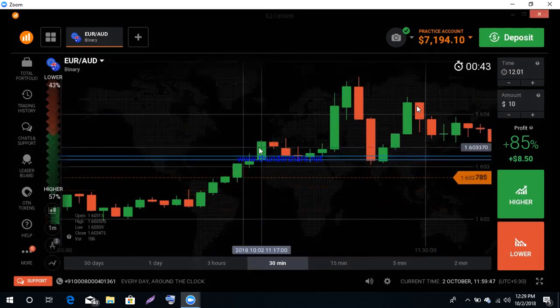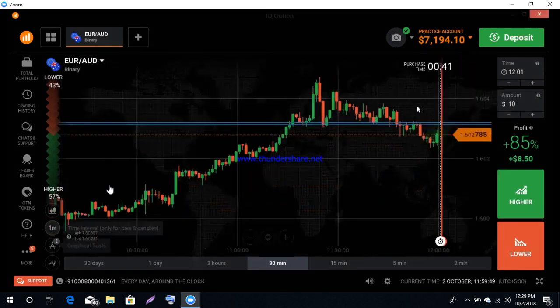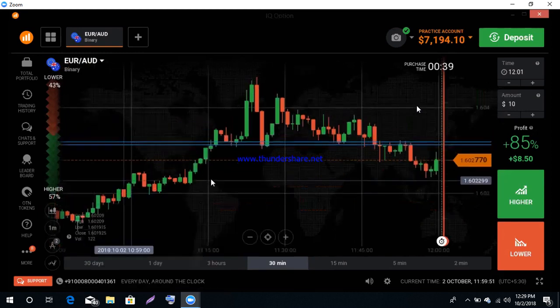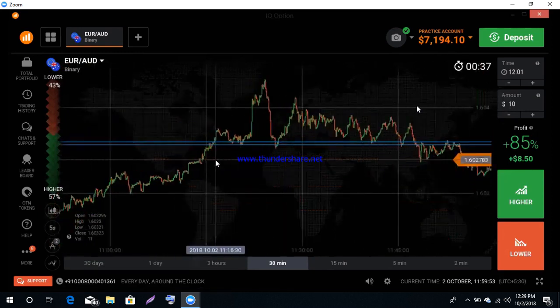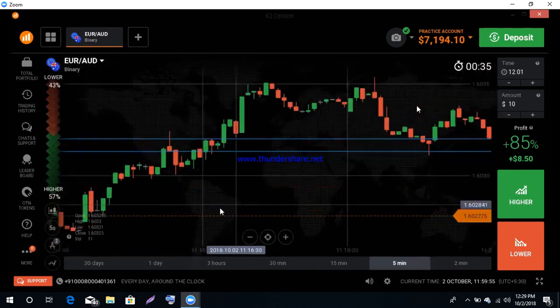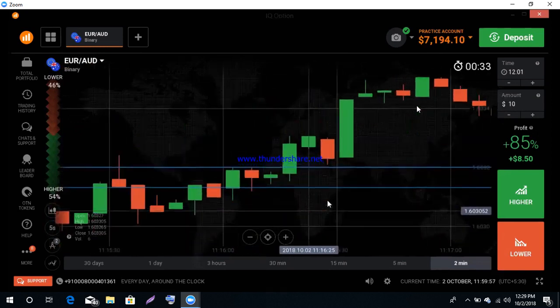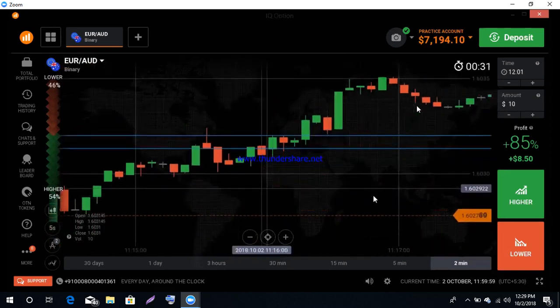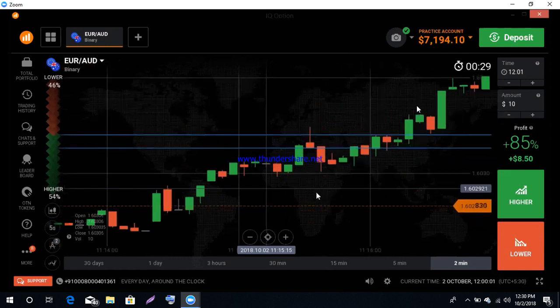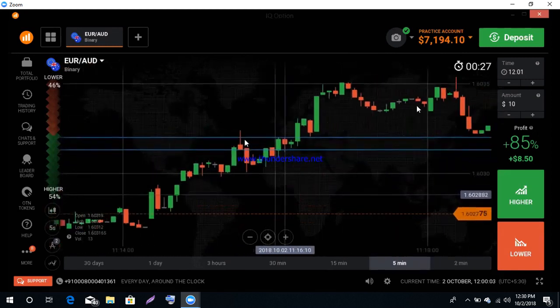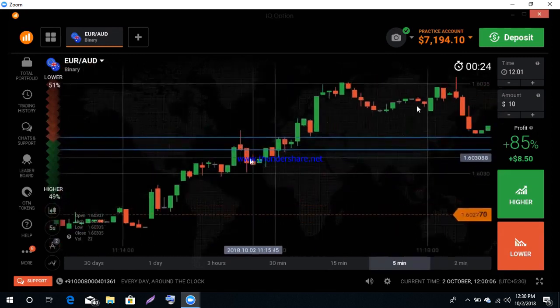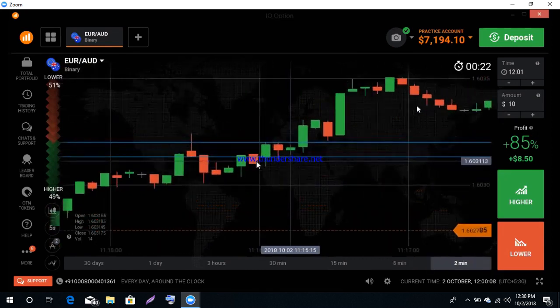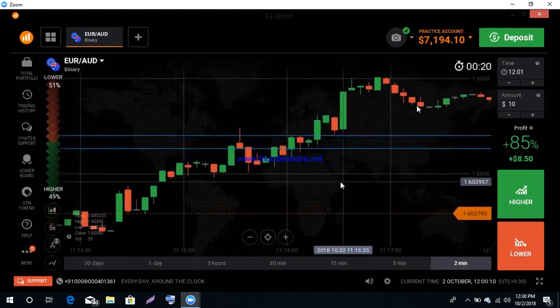Okay, this candle, right? 11:17. Okay, we got some confirmations here, but there is no confirmation here, on the current candle.